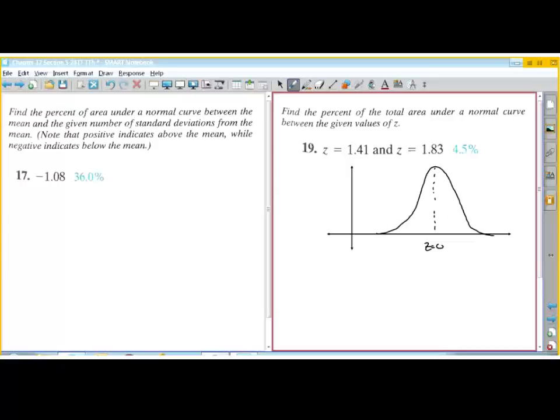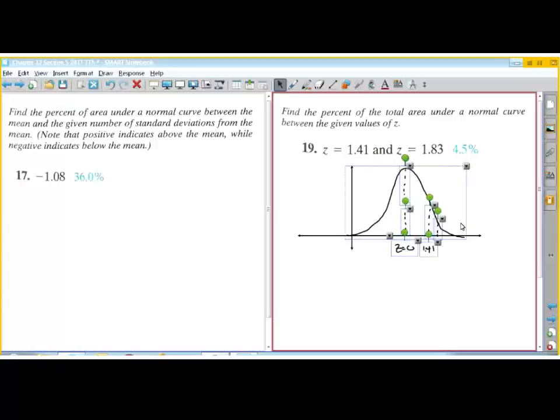So z equals 0 at the mean value, and therefore these two are both on the right-hand side. This is 1.4, which is on the right-hand side. And I guess I should actually have this centered around the origin.